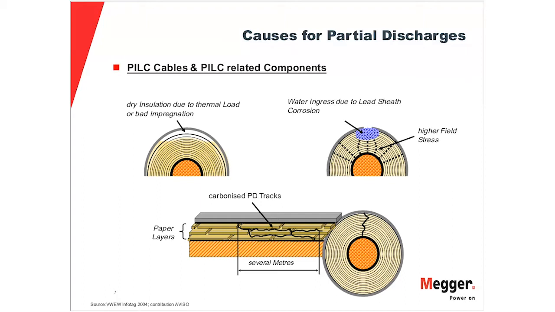The same is valid also for water ingress. Due to lead sheath corrosion, it would lead to a higher field stress. And if here the paper layers are not nicely aligned, we will also see in this case then elevated amount of partial discharge.